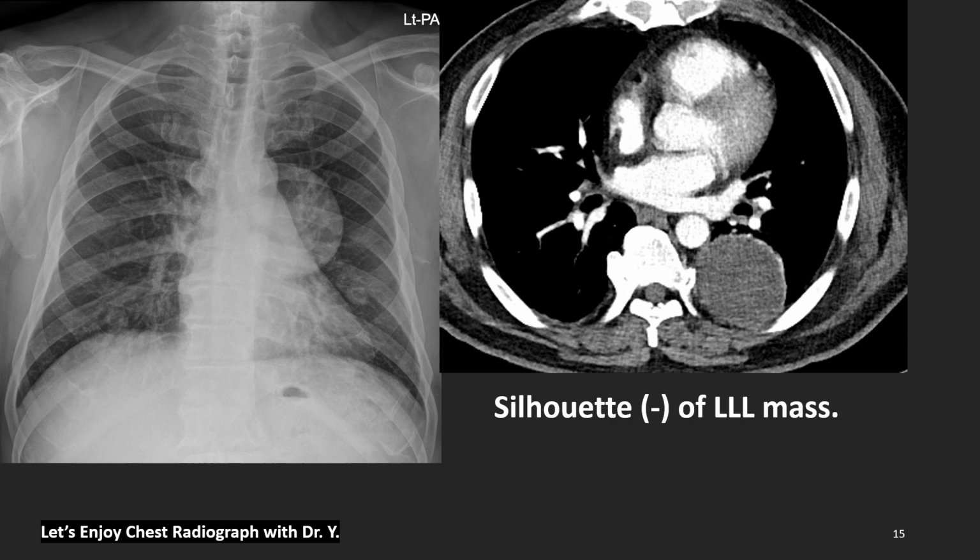Relatively easy after understanding the right middle lobe and right lower lobe. Right? Yes, left lower lobe mass. Not in contact with the left heart. Not in contact with the aorta. That means there is a posterior mass, silhouette negative, and also Mach band negative.